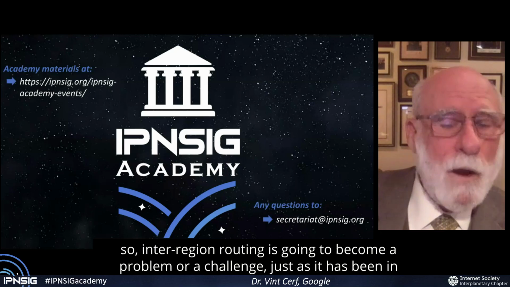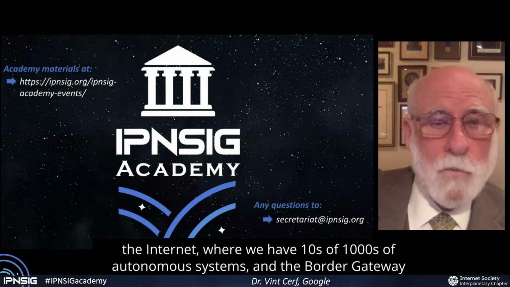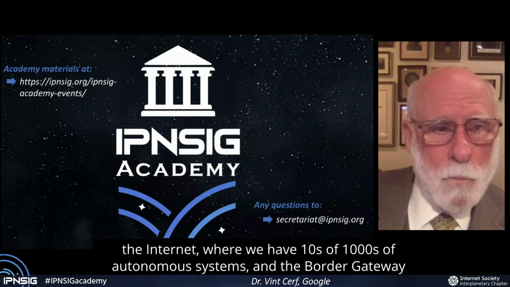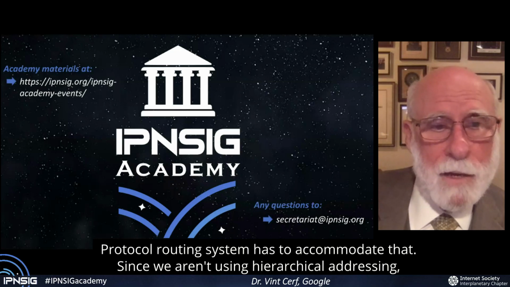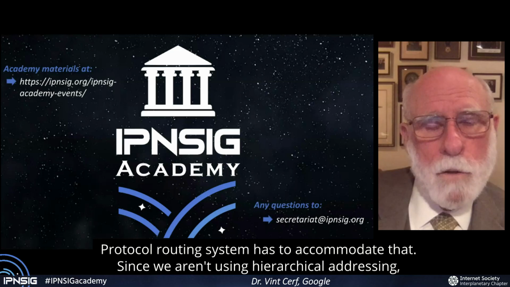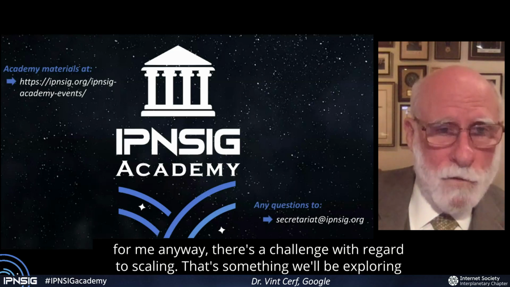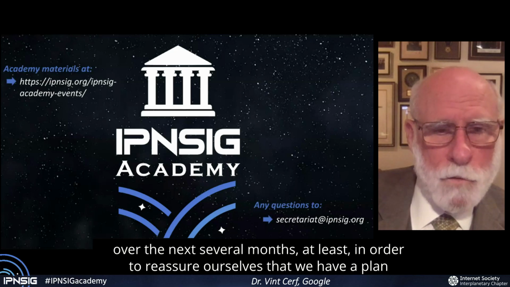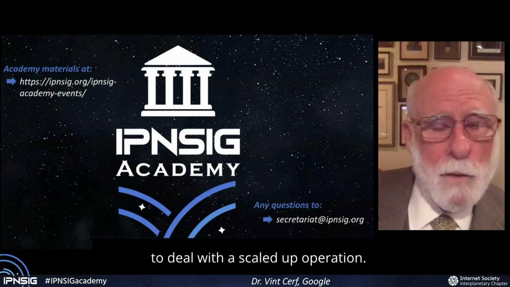And so inter-region routing is going to become a challenge, just as it has been in the internet, where we have tens of thousands of autonomous systems, and the border gateway protocol routing system has to accommodate that. Since we aren't using hierarchical addressing, for me anyway, there's a challenge with regard to scaling, and that's something that we'll be exploring over the next several months, at least, in order to reassure ourselves that we have a plan to deal with the scaled up operation.